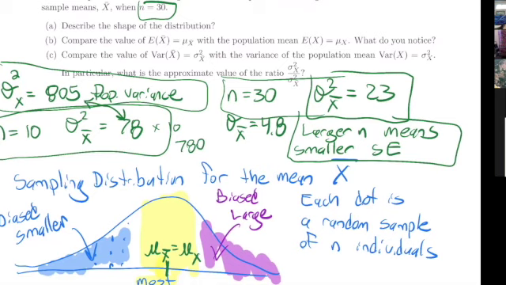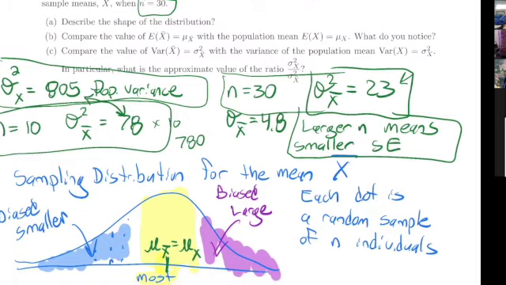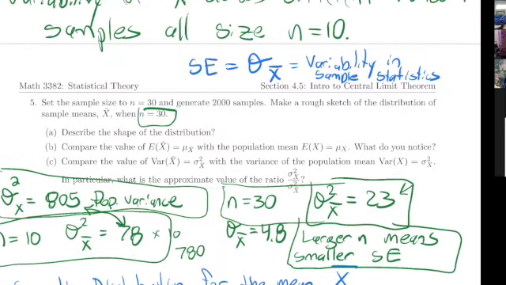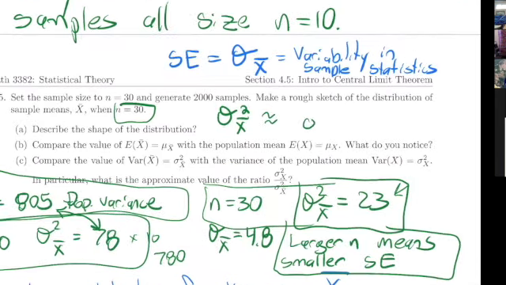If I take this variance, which was 23, and multiply it by the sample size, which is 30, okay, we're doing some approximations here, we get something which is roughly equal to the variance of the population. So the relationship here is that the variance of the sampling distribution is equal to the variance of the population divided by the sample size.